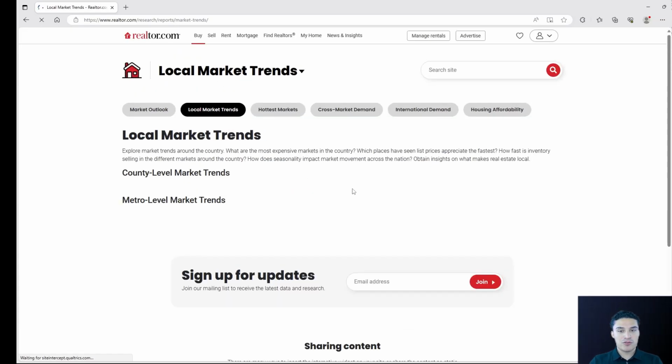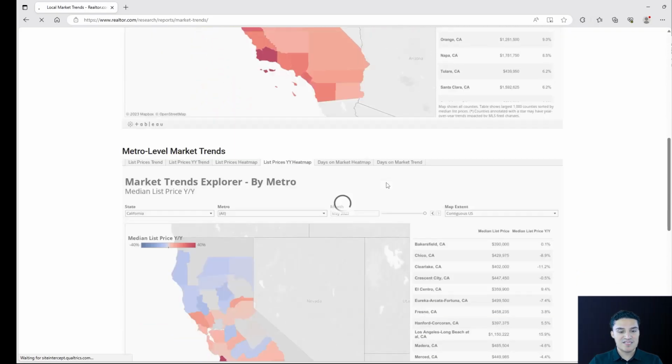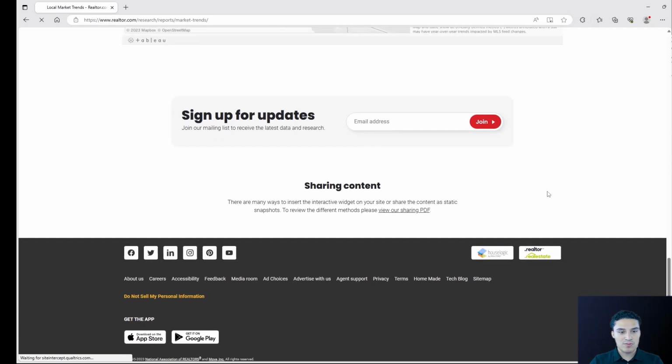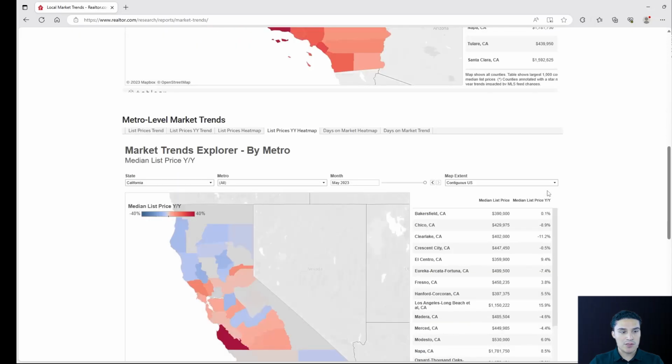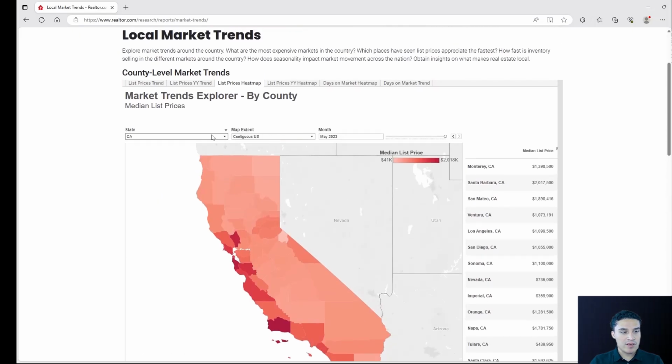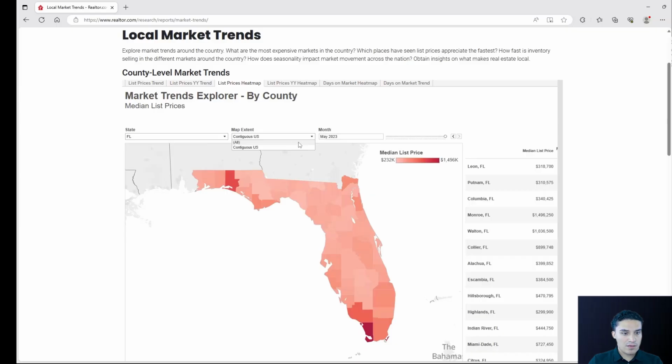On the local market trend, we were looking at the specific zip code. However, this is actually going to be a little bit more of your area, or the area that you pick. So right now it's giving us information about California, so we want to change this to Florida. And from Florida, I guess it's giving you information on all.